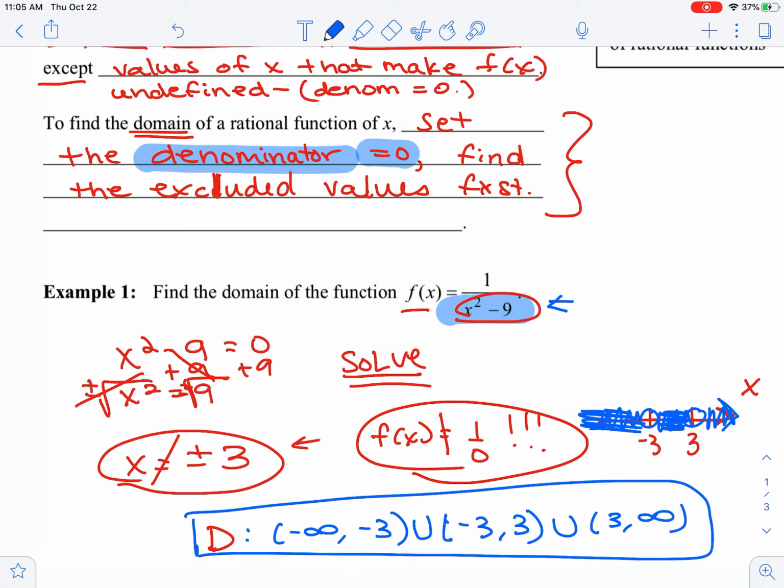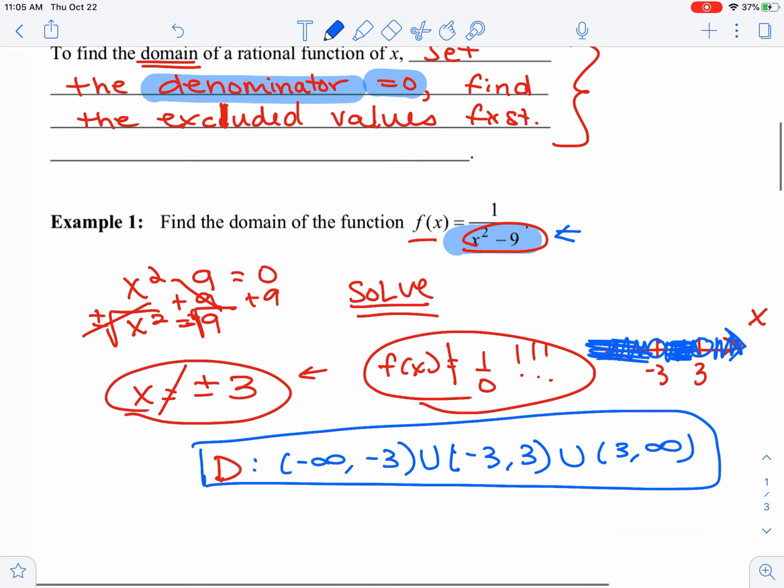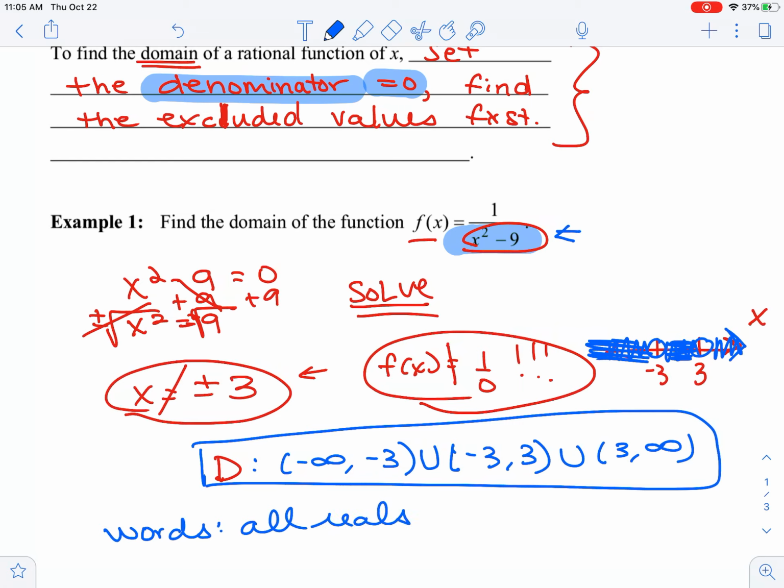So the domain is going to look like this, okay? The way you can say it in words is you would say all reals except x equals negative 3 and 3. Okay, and this is in interval notation, which is usually what we're going to use.